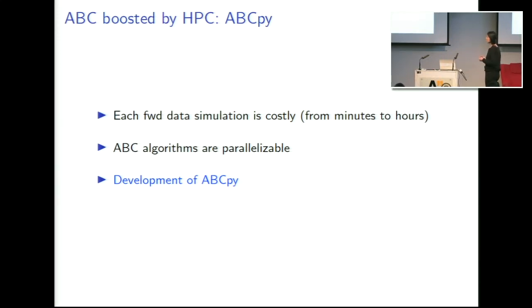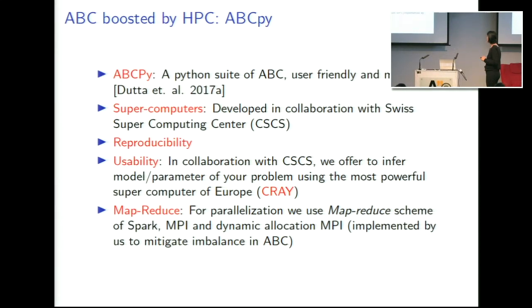Because the forward simulation can be costly, we parallelize them. And we parallelize them within ABC Pi using either MPI or Spark, or MapReduce on Spark. So those are the ways we use to parallelize. And ABC Pi is a Python suite to run ABC. It runs on supercomputers, allows reproducibility of science, and it's fairly easy to use.